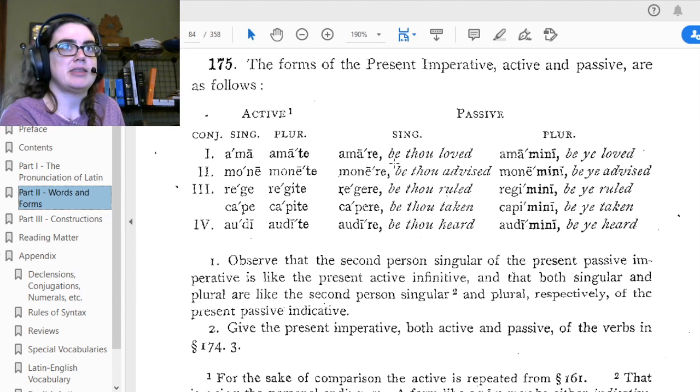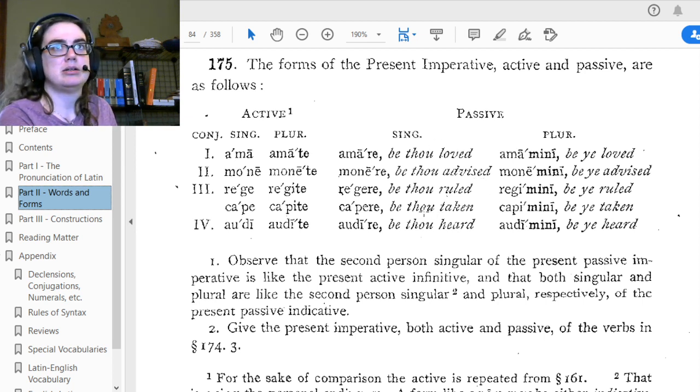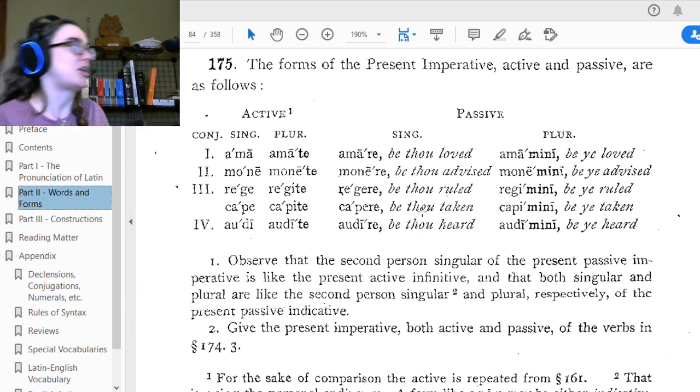The fact that the passive commands are rarely used is indicated by the fact that Latin didn't feel the need to distinguish them from the indicative second person. Like, they don't get their own forms. When you're talking to somebody, it could be a command or it could be a statement. Latin did not care. Maybe it's just because Latin likes to order people around.